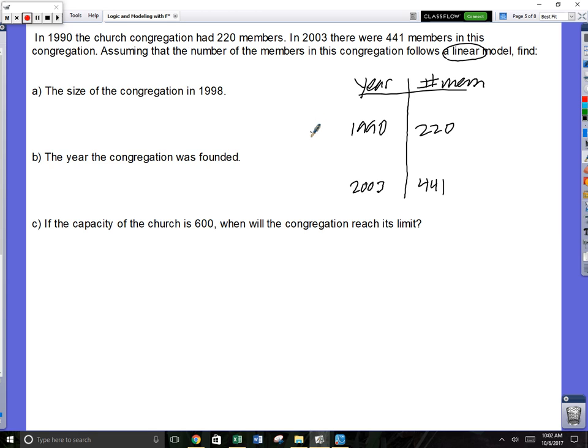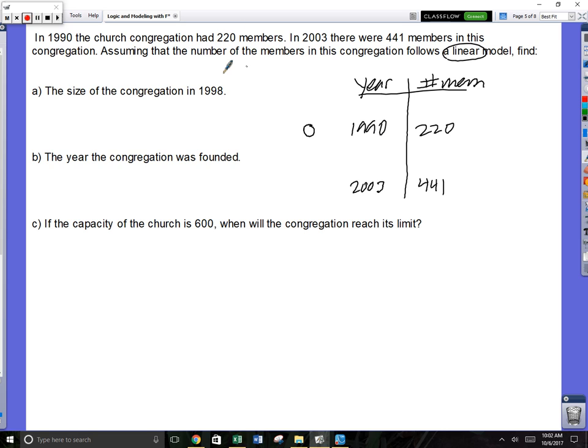I'm going to, just for mathematical purposes to make it easier, say this is year 0. So at 1990, I'm going to call that year 0. Now 0 usually is the initial value. That's where it begins. I know it did not begin in 1990.